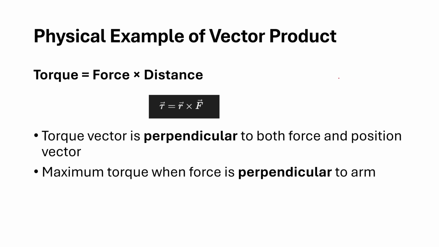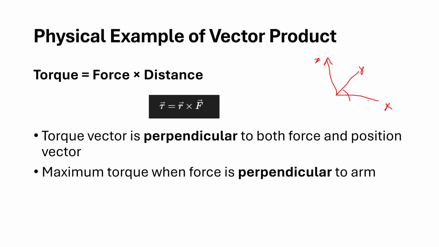For example, how will we apply that? Suppose this is on the xy plane. This is the x-axis, this is the y-axis, and this is the z-axis. The force is in this direction, and the arm axis is here, so here is the angle between them.